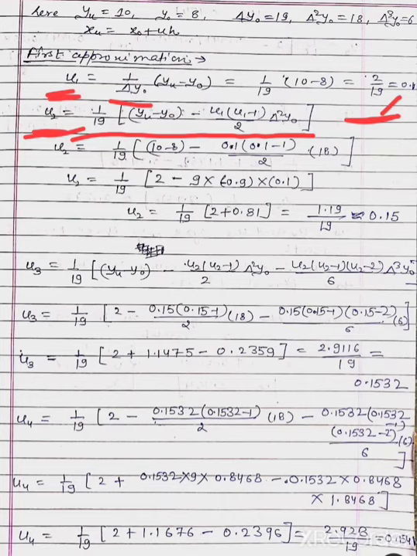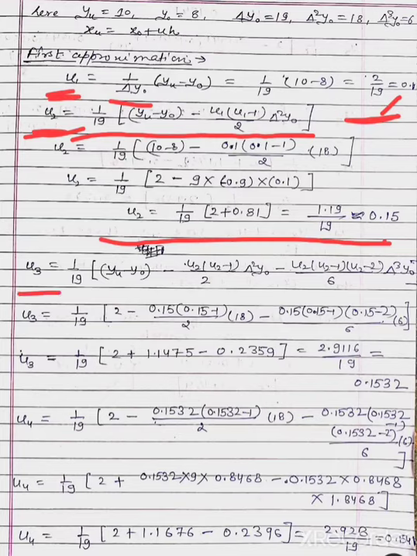We obtain the value of u2 equals 0.15. Here we have calculated the value of u2 up to two places after the decimal point.